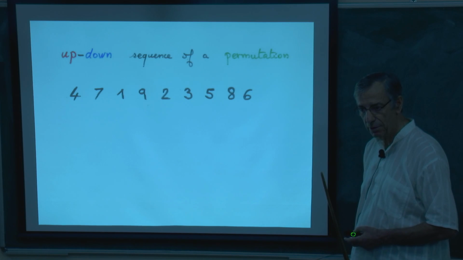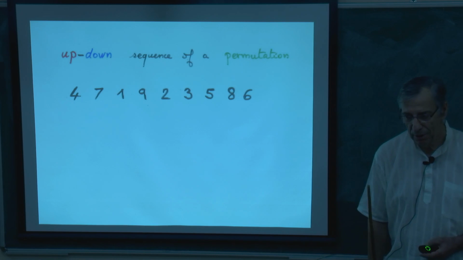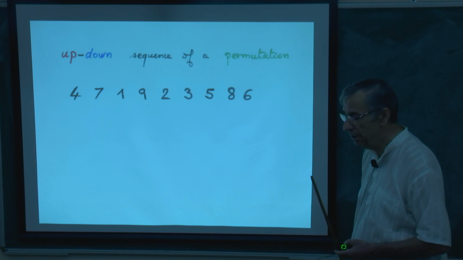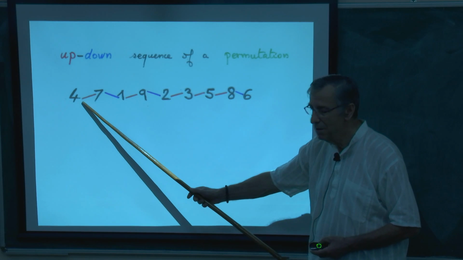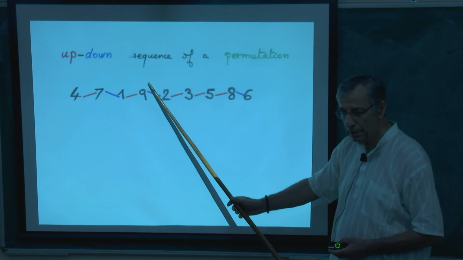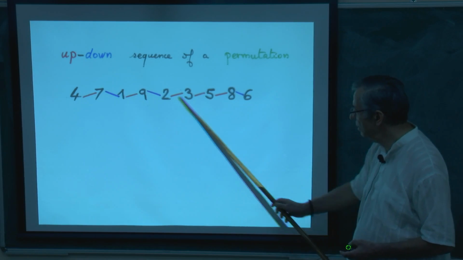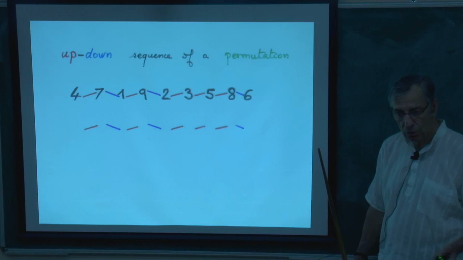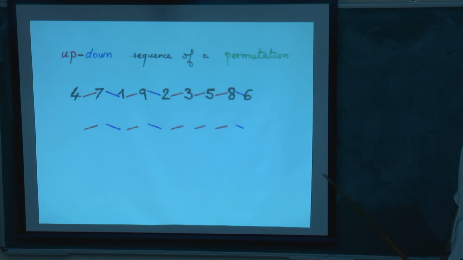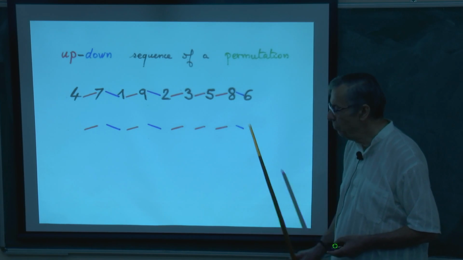Okay, we are with rises and descents, and now the up-down sequence of a permutation. We have seen already this notion with alternating permutations. The up-down sequence is a word in n-1 letters, going up or down. It's a sequence of rises and descents. So this is a word with 2 letters of length n-1 if the permutation has length n.